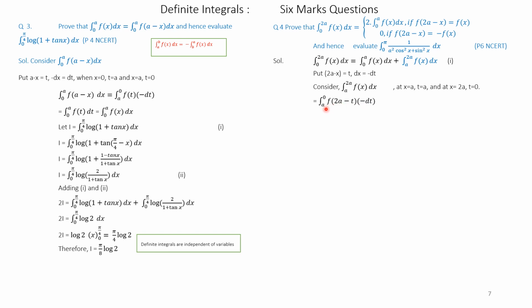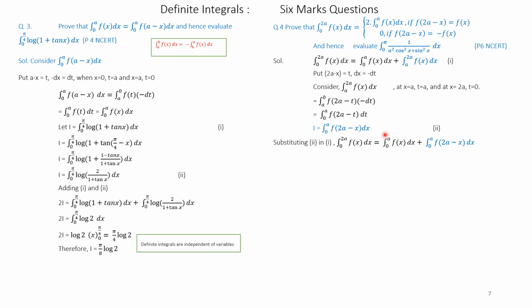Integral a to 0 of f(2a minus t) times minus dt. If you remove the minus sign, the limit is reversed as 0 to a. Therefore, the integral is 0 to a f(2a minus x) dx. Let it be equation 2.